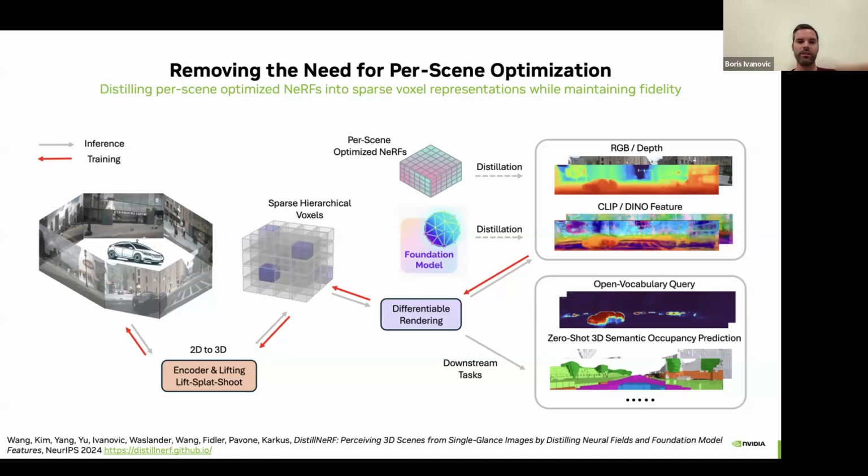So what this work does is, rather than using NeRFs as the core information representation, it uses a slightly more explicit 3D volumetric representation, and that is sparse hierarchical voxels, which nicely can be generated in a feed-forward manner directly from sensor representations and can then be trained using the same differentiable rendering techniques that you typically use in NeRF, Gaussian splatting, etc. Importantly, this method can also be trained using any per scene optimized NeRFs that you already have.